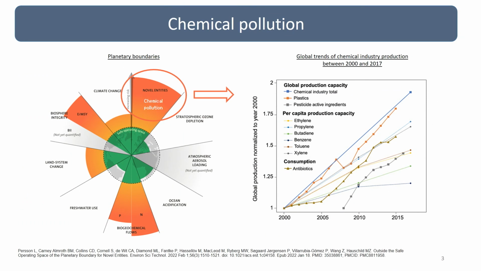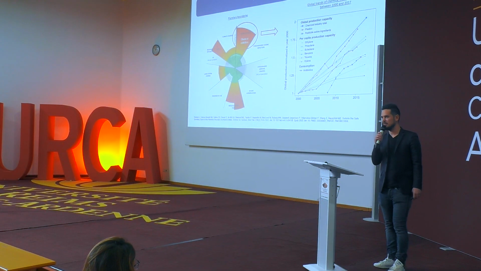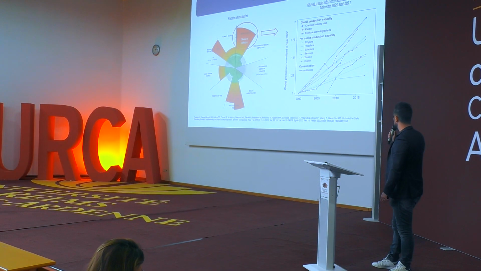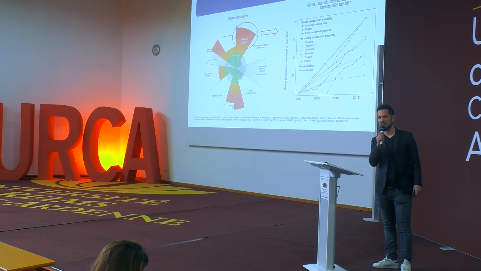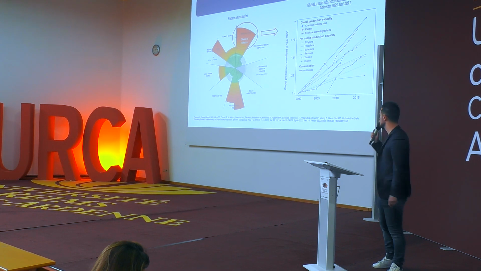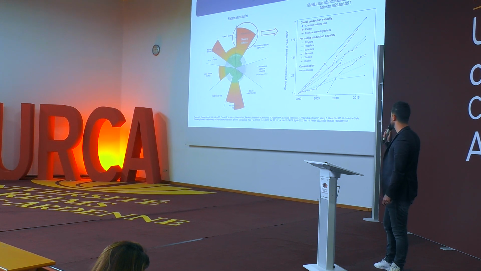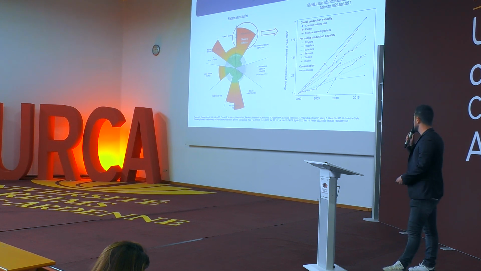So to introduce my presentation, I show you the 9 planetary boundaries that you know. And one of these, for novel entities linked to chemical pollution, has already been exceeded.